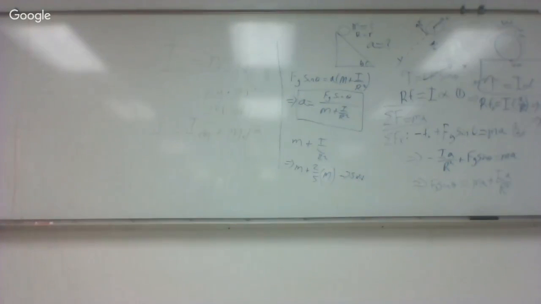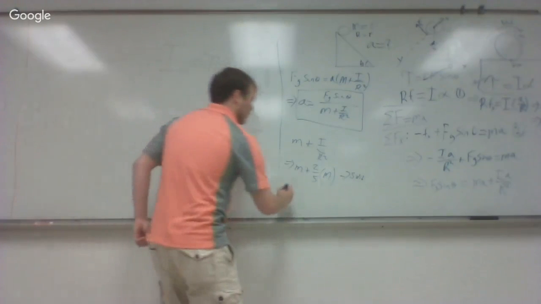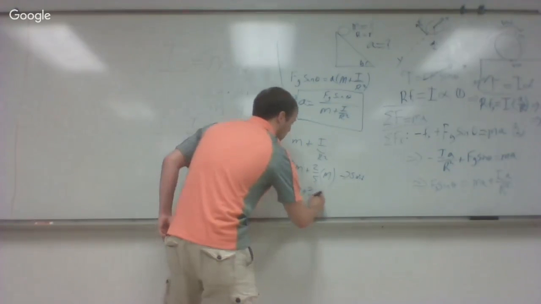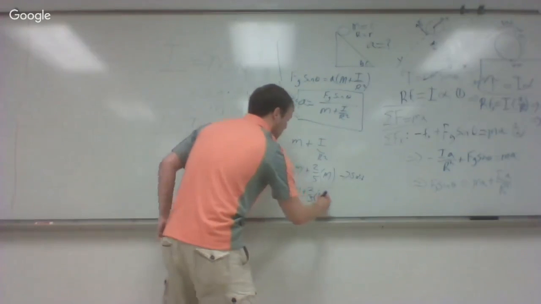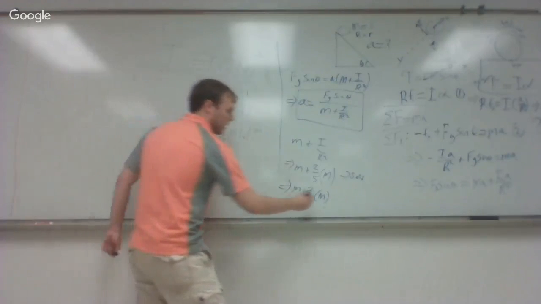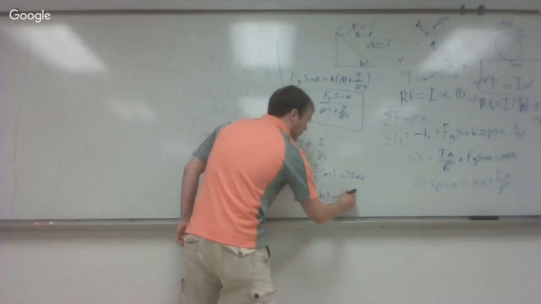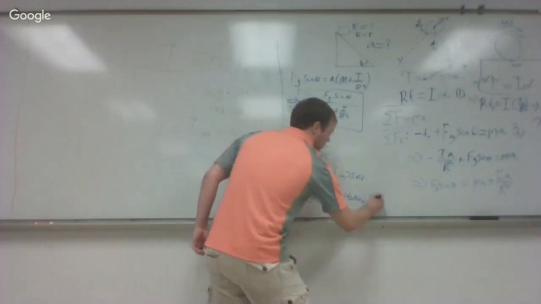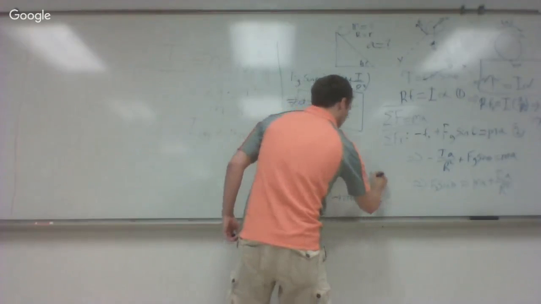Now let's look at a hollow sphere, which is 2/3 m r squared, right? So you get 5/3 now. Okay?